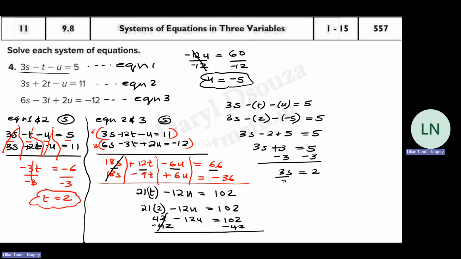Then I divide both sides by 3. S is 2/3. Then I write my solution: S, T, and then U is 2/3, 2, negative 5. And I box my answer.